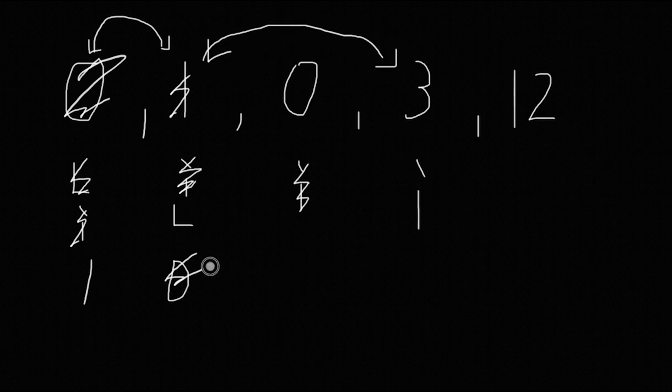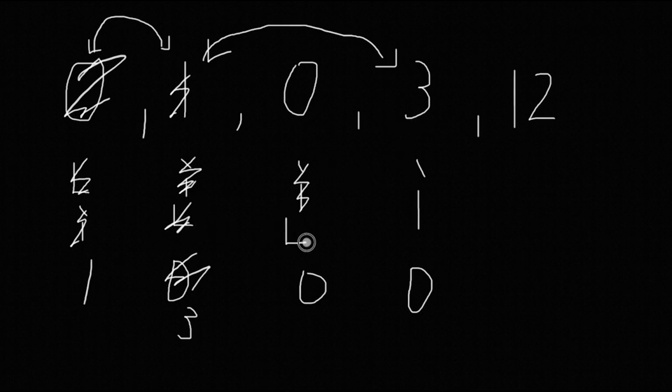Index 1 should be 3, and index 3 should be 0. By the way, index 2 is a 0. And then, since we swapped the numbers, update the left pointer to next.